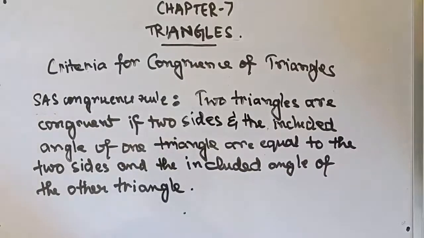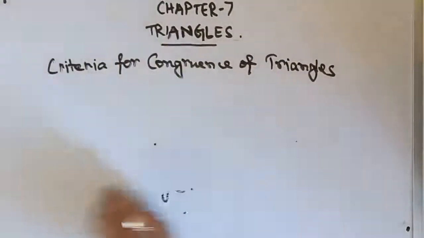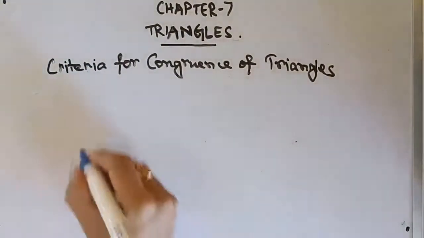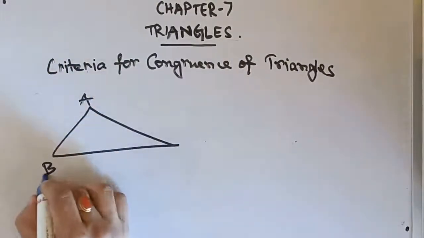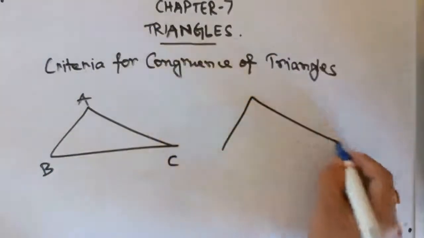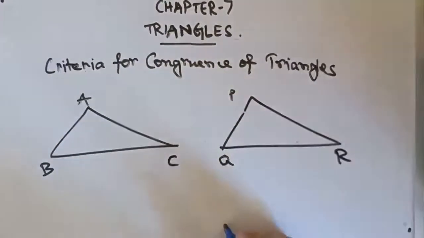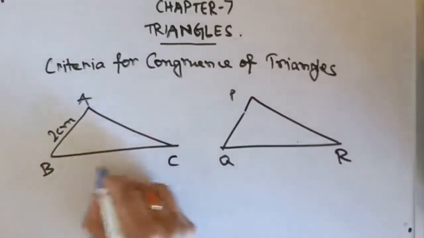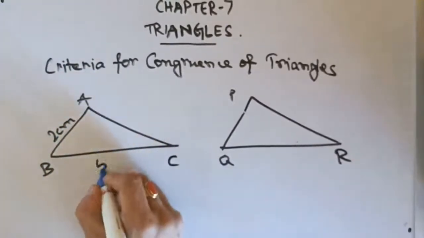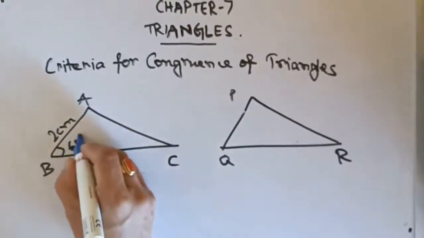So to better understand this, let us take two triangles, triangle ABC and triangle PQR, in which AB is of length 2 centimeter, BC is of length 5 centimeter, and angle B is of measure 60 degree.